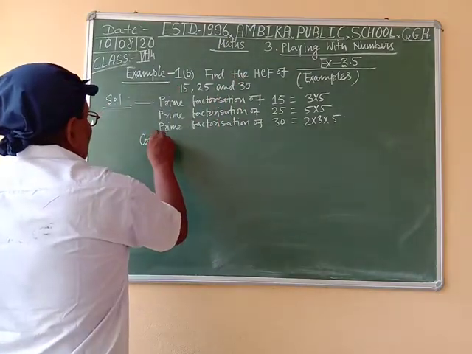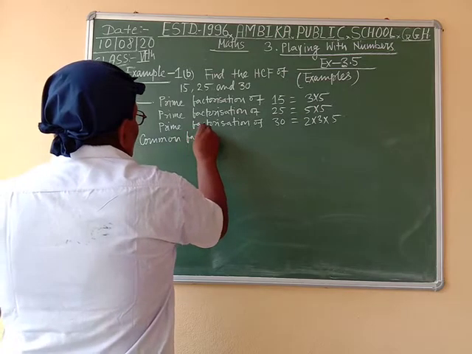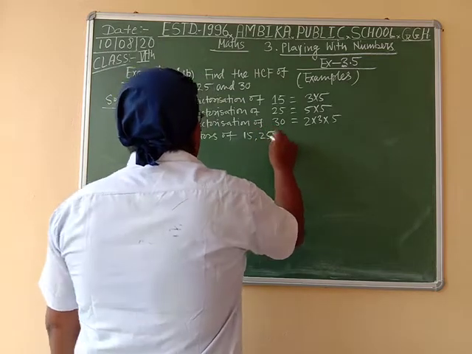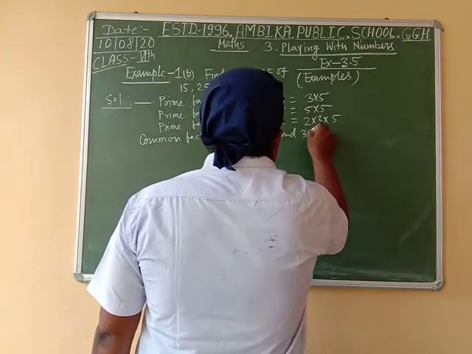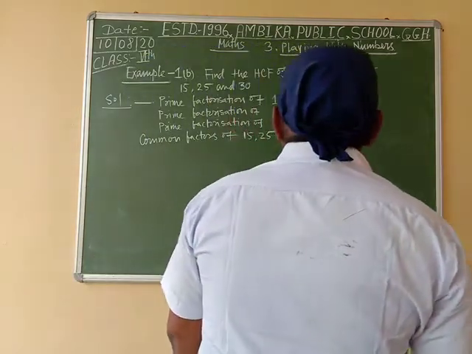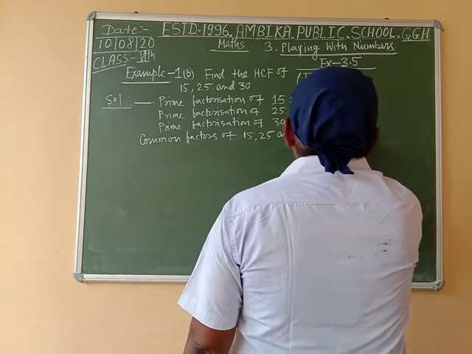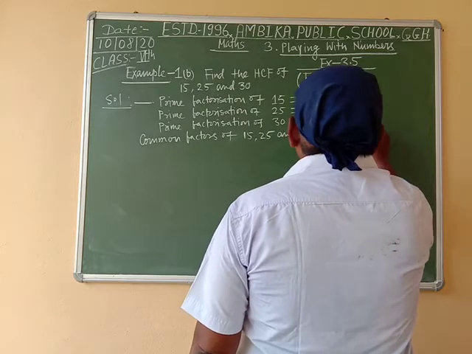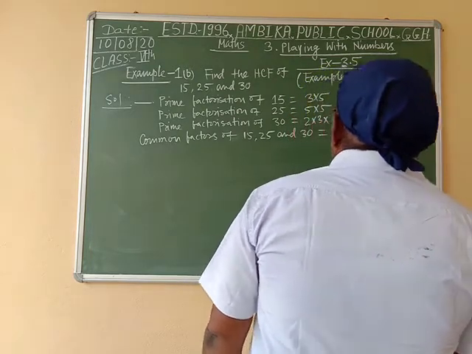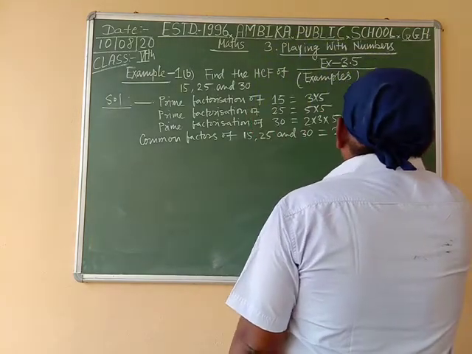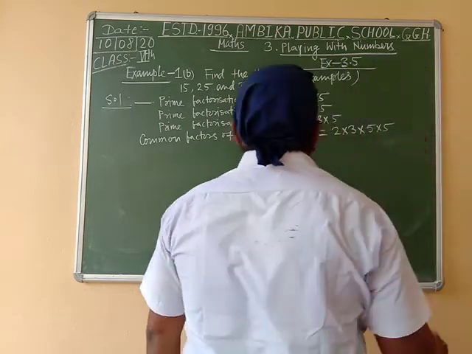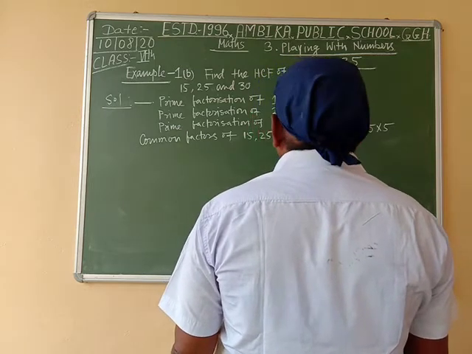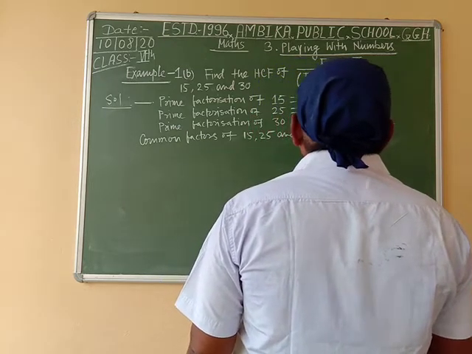The common factor of 15, 25 and 30 is equal to 5.